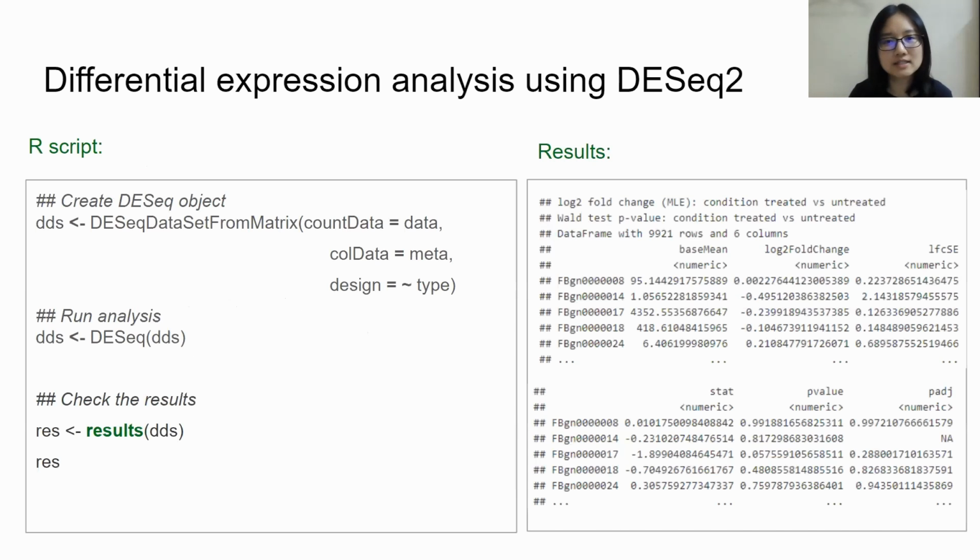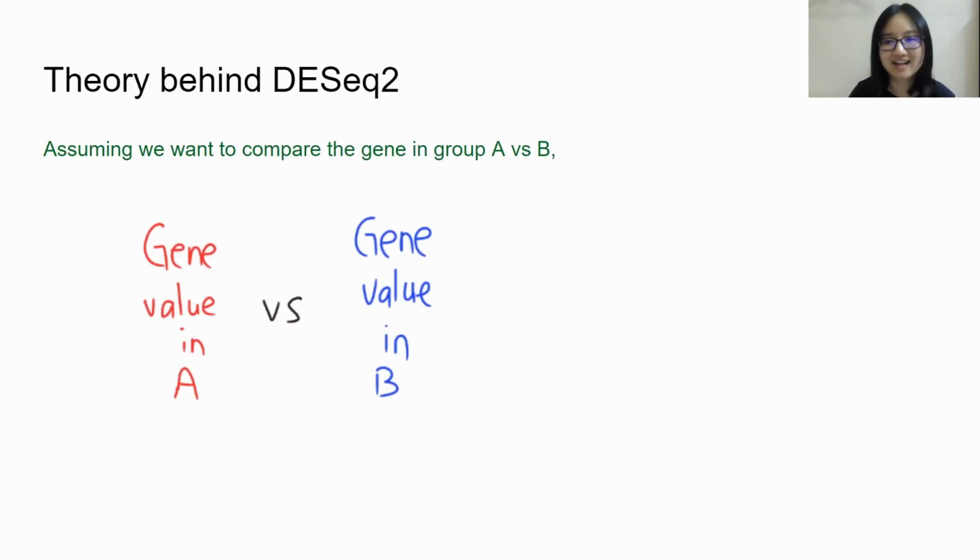The most commonly used statistical model is DESeq2. From the user end, it is pretty simple. We just need to run 2 lines of R script to get it done. First is to input the data, and second is to run it. I will talk about this in the last part of the video. But first, let's try to understand the theory behind DESeq2.